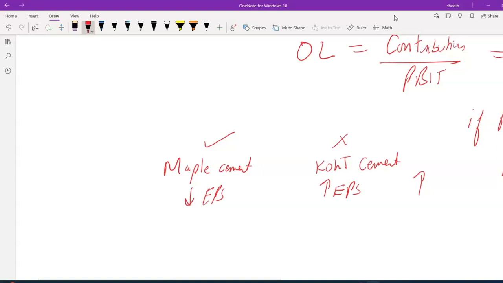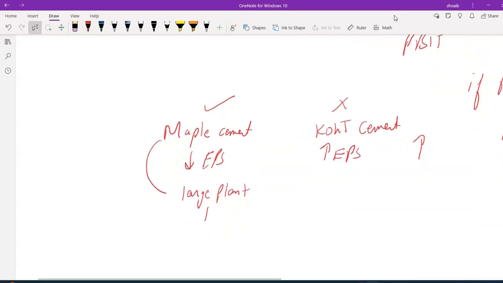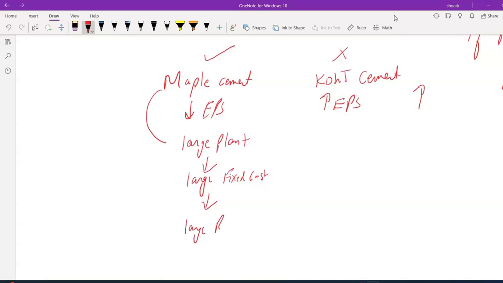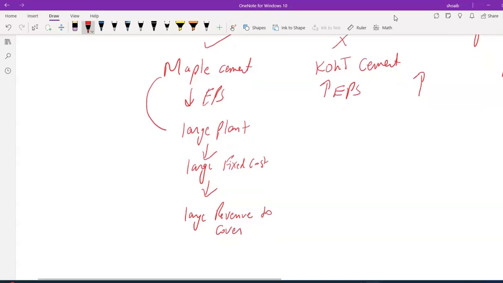Why? Maple has a very big plant, large plant. What is the disadvantage of large plant? Large fixed cost. You need a large revenue to cover fixed cost.